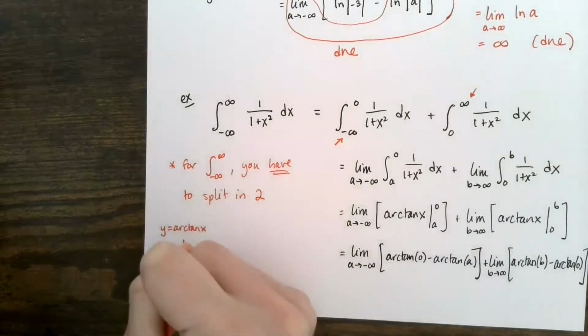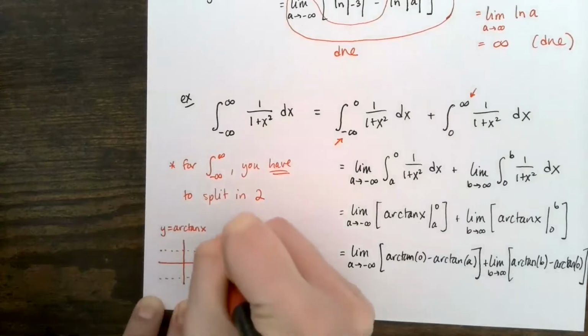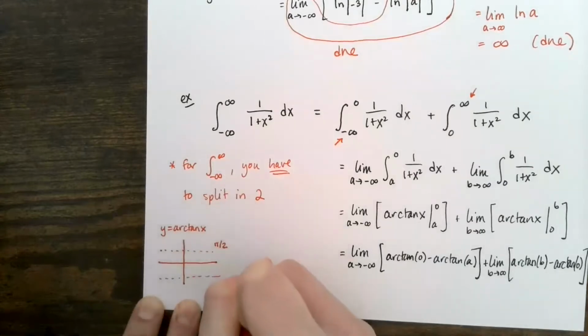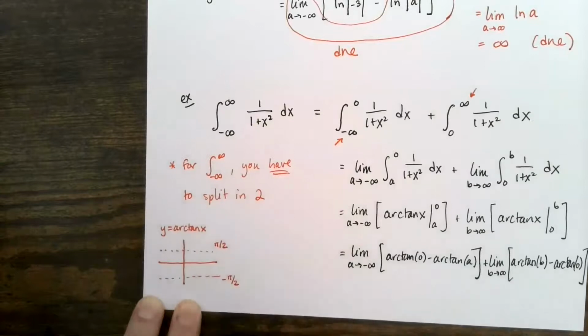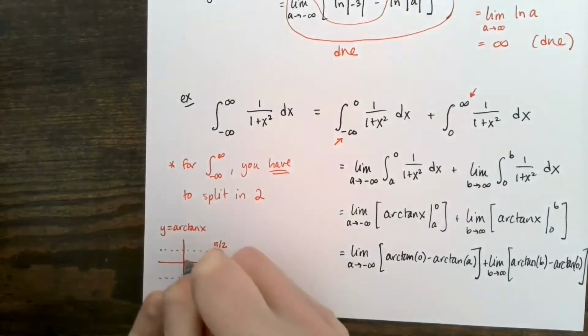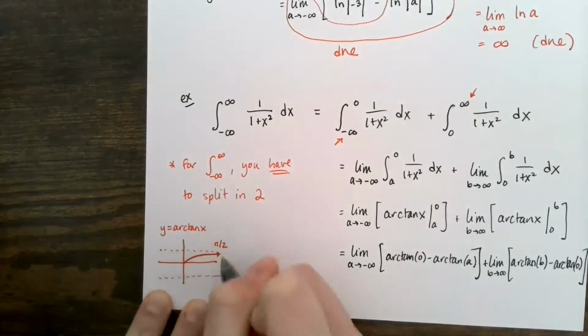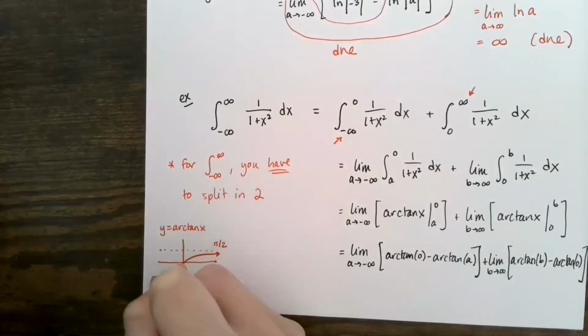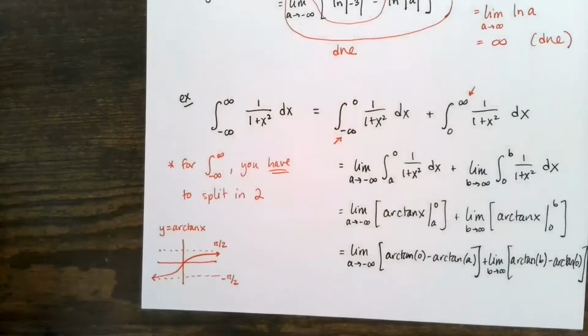It has two horizontal asymptotes. The top one is at pi over 2. The bottom one is negative pi over 2. And it kind of squiggles in the middle. So we go up over here, down over here. This is the graph of arctan, just give or take.